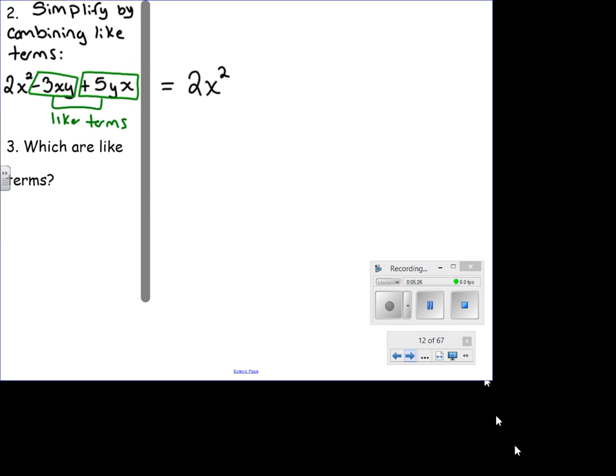And then if I have negative 3 xy's, and then I add 5 xy's, I'm really just adding the coefficients. So negative 3 plus 5 would give me positive 2xy. So I basically combine those two terms to give me my simplified version.